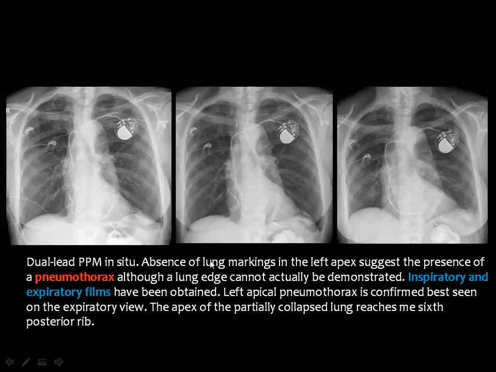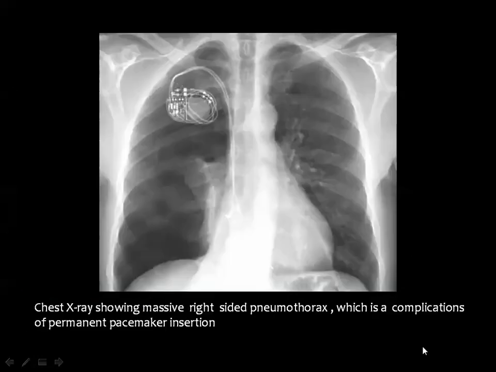And this is a patient with a pacemaker who is suspected to have a small apical left pneumothorax. Then inspiratory and expiratory films confirm the presence of a small pneumothorax in the left apex, and you can see the apex is devoid of vascular markings compared to the opposite side.